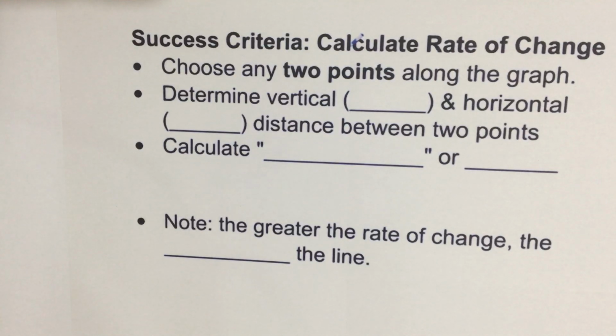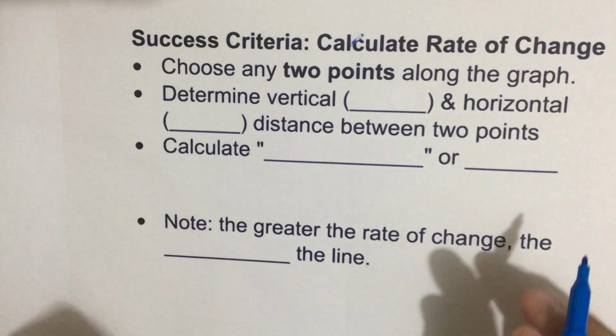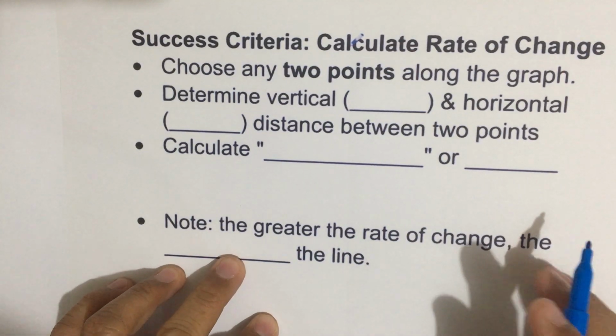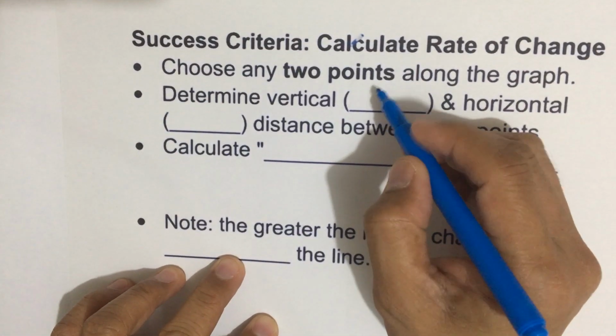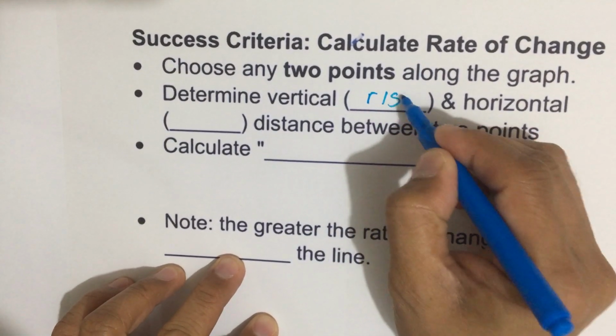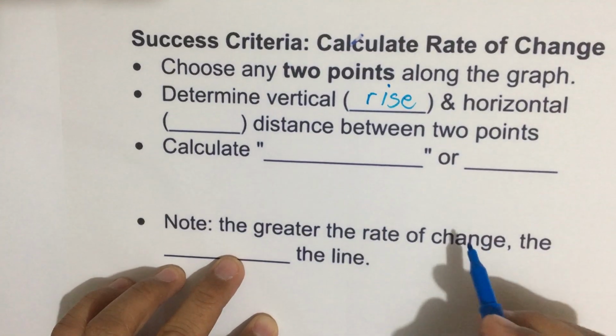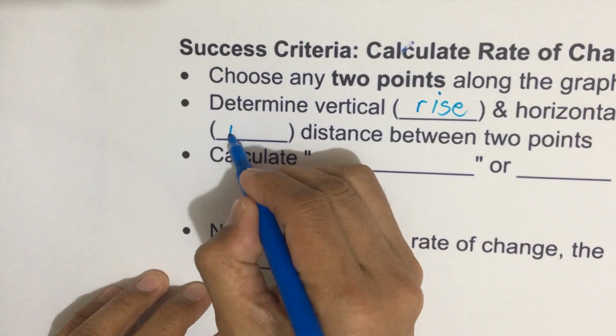So what are the criteria? First, we need to choose any 2 points along the graph, and determine the vertical. What does vertical mean? That is the rise. Vertical means the rise, and the horizontal is the run.